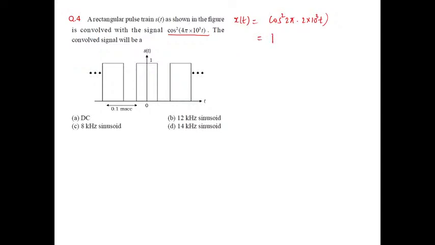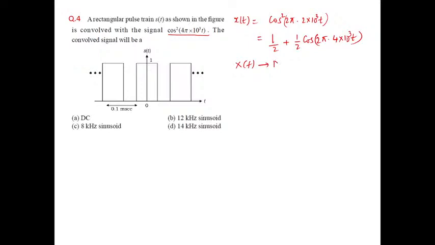So, this is simply equal to 1/2 plus 1/2 cosine 2 pi into 4 into 10 to the power 3 t. I have used the formula cos square theta is equal to (1 plus cos 2 theta) divided by 2. So, what are the frequency components present in X(f)?